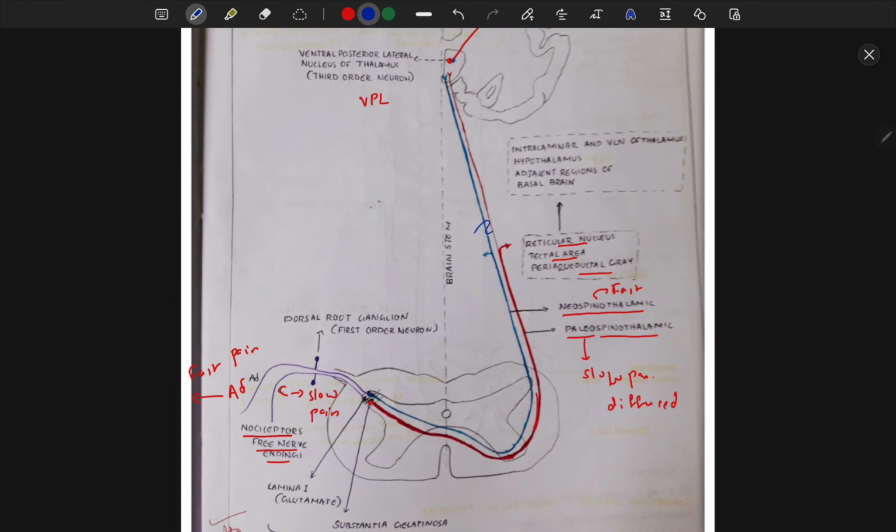So that means if there is a lesion either at the level of the brainstem or the spinal cord, there will be contralateral loss of the sensations carried through the spinothalamic tract.